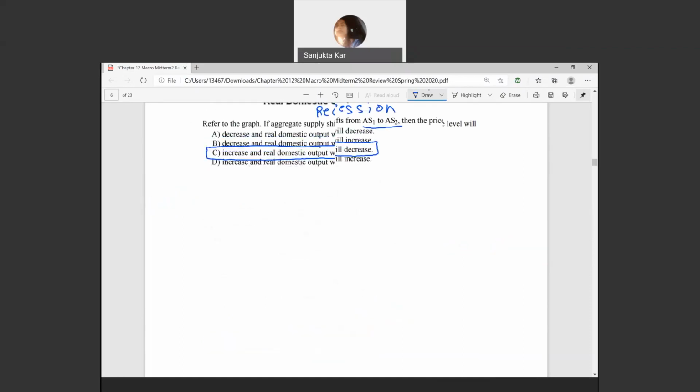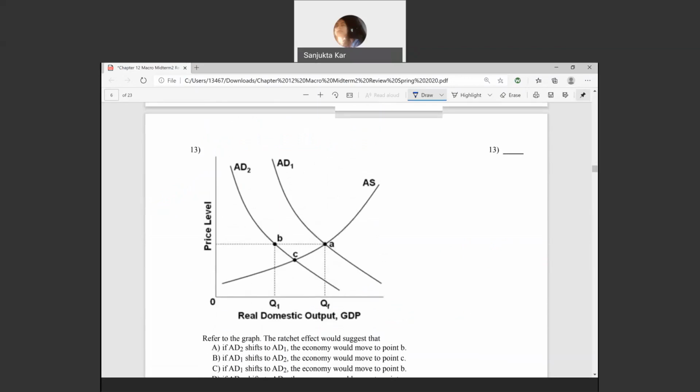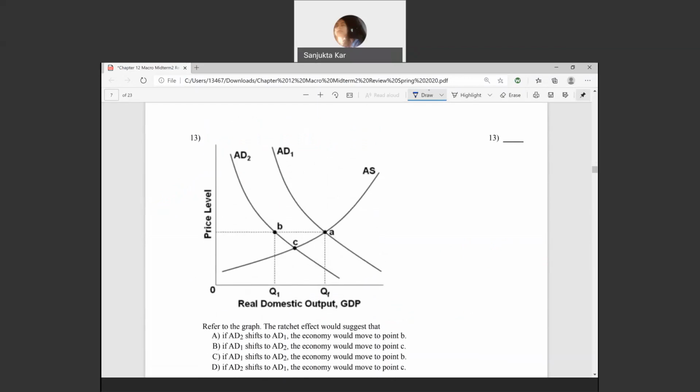Now moving over to question number 13. It's talking about the ratchet effect. This has to do with the aggregate demand curve shifting to the left from AD1 to AD2, and the prices will not decrease.